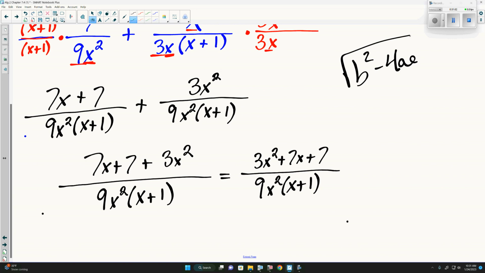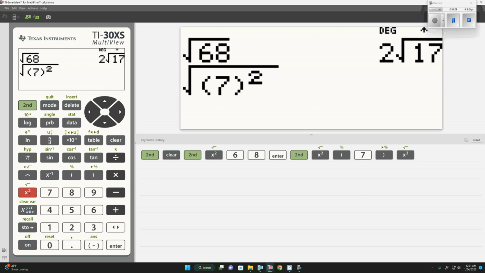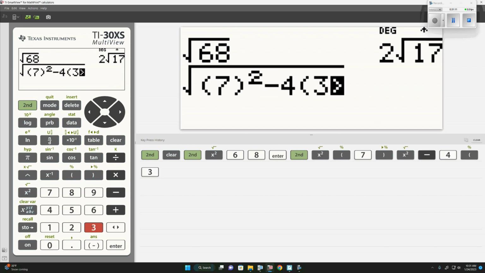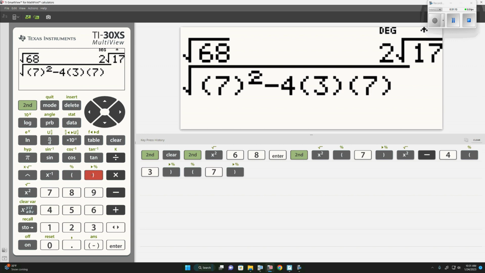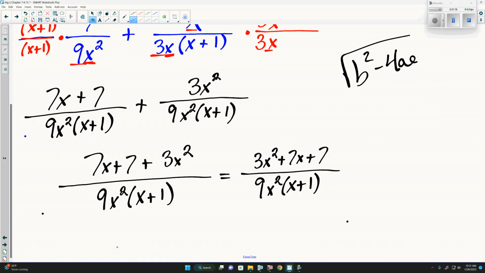So we'd have the square root of 7 squared minus 4 times 3 times 7, which is a domain error. It means the number inside the radical is negative, which would be an imaginary number. So that there's the final answer.